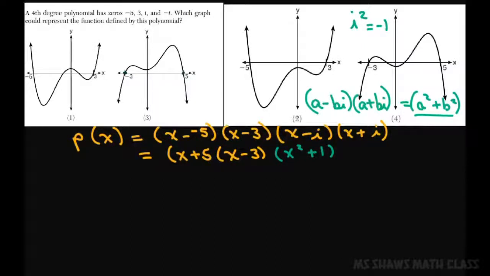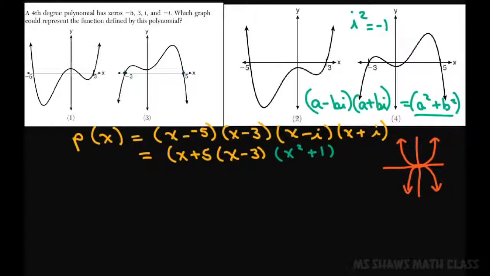All right. Now, since we have that, the next thing you need to know is that this is degree 4. Well, degree 4 either opens, the end behavior is either going to open up like this or open down like this.